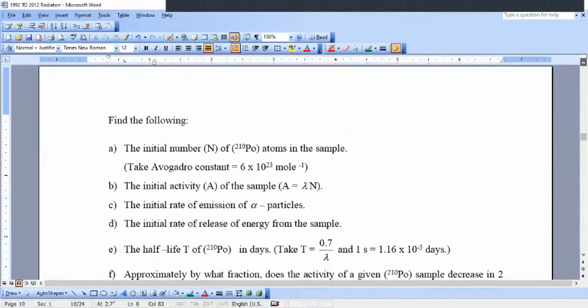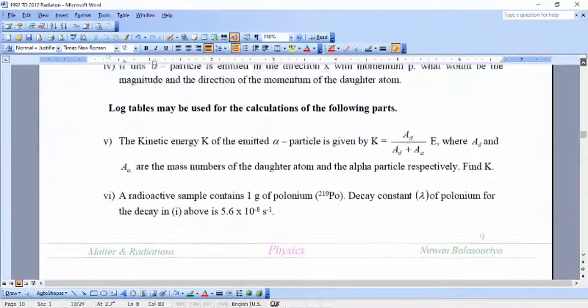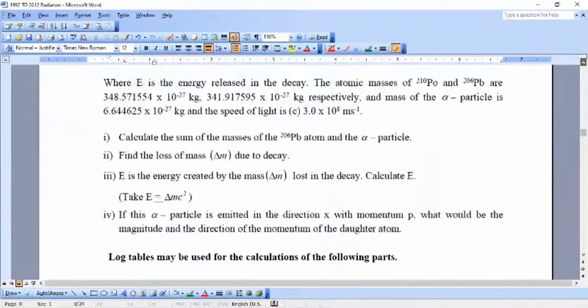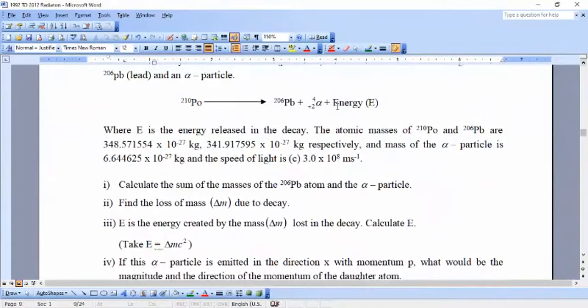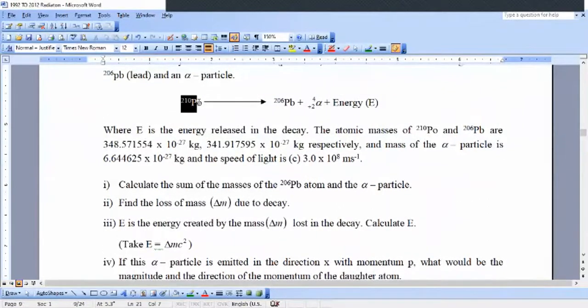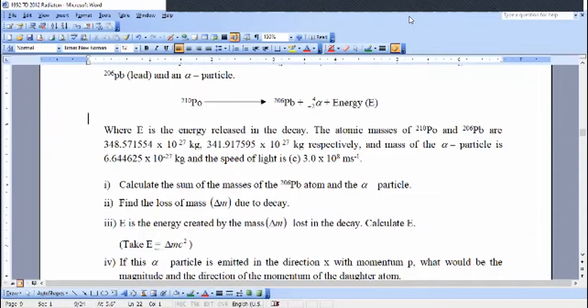One alpha particle. Exactly one. You see this reaction? A single polonium atom gives a single alpha particle. So for simple C, please write an equation statement.